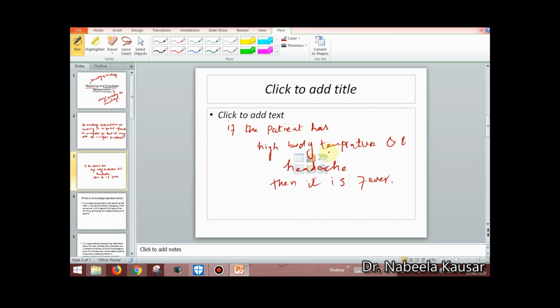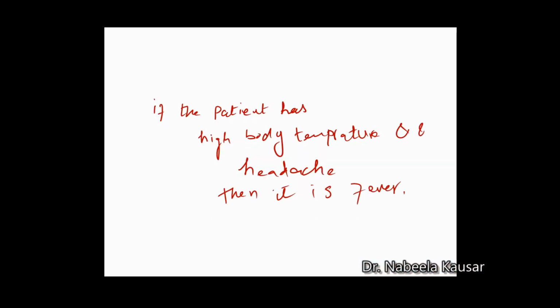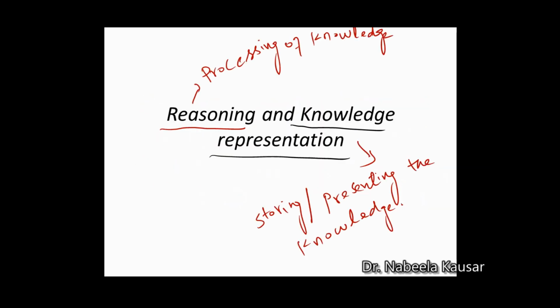So knowledge is used here to make a medical diagnosis system, to diagnose the problem of the patient using some human knowledge. And reasoning is basically the processing of knowledge. It means the machines are presented with the knowledge, and the machine processes this knowledge and makes the decisions. Thus the complex systems are developed using the knowledge.